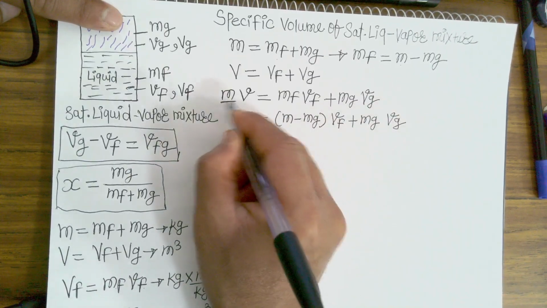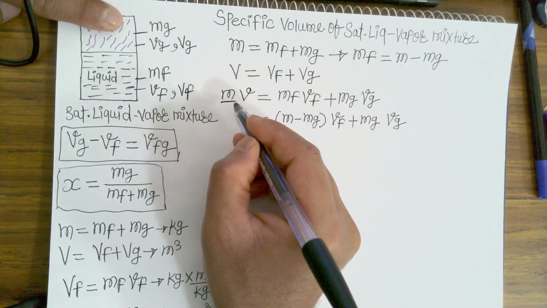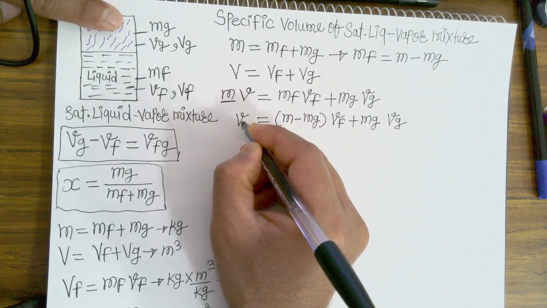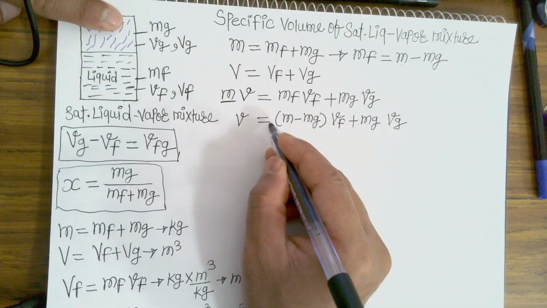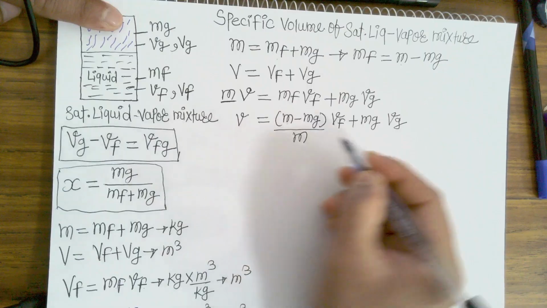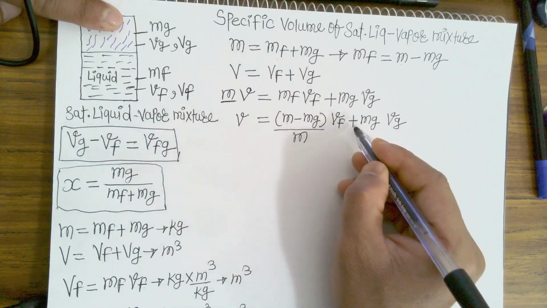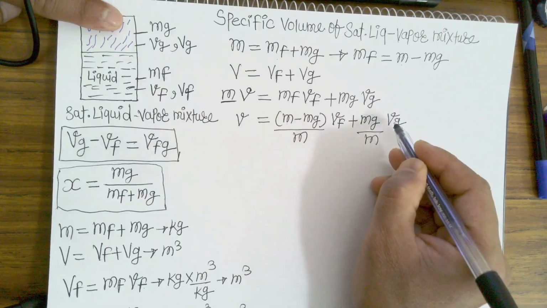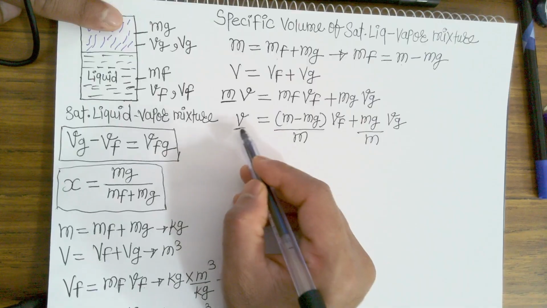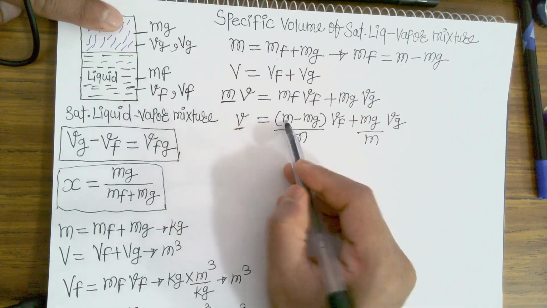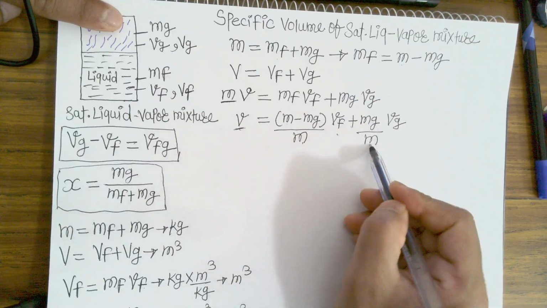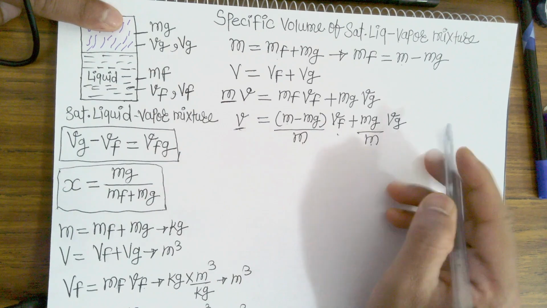Let us divide by m, the total mass of mixture, on both sides. So we will get specific volume of mixture is equal to m minus mg divided by m multiplied by Vf plus mg by m multiplied by Vg.